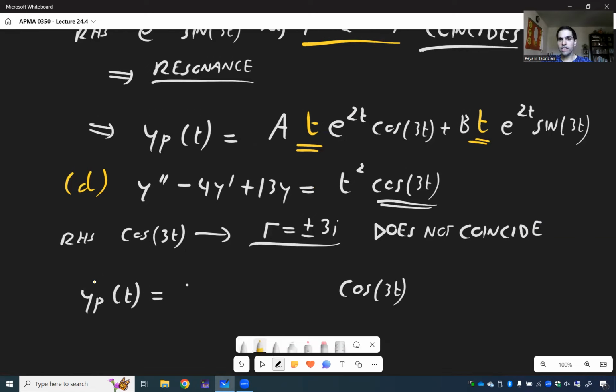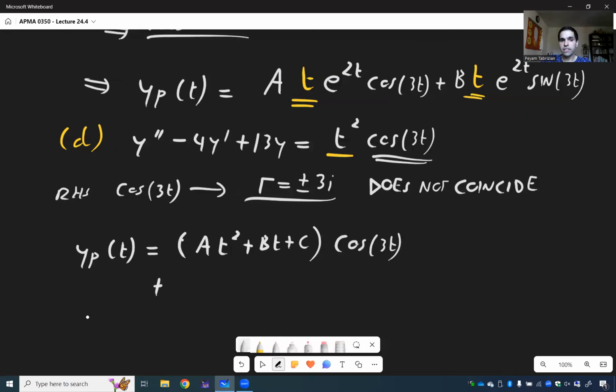What do we do with the t squared term? t squared has degree 2. So you guess at squared plus bt plus c. And then because we have cosine, we repeat this with sine, and you get dt squared plus et plus f, and then sine of 3t.